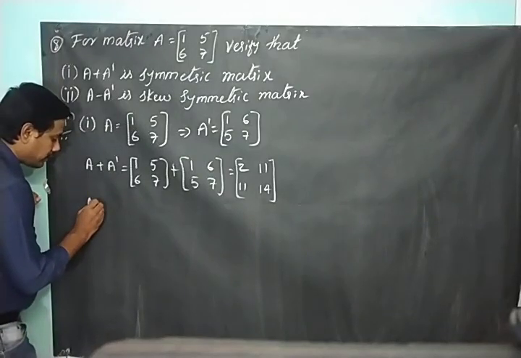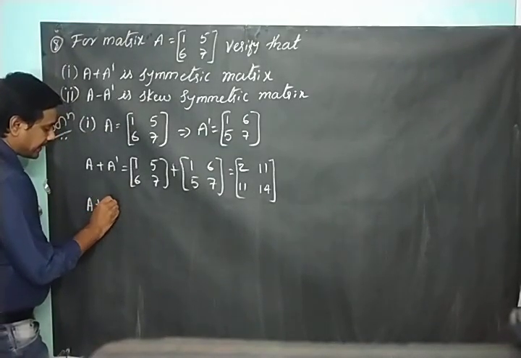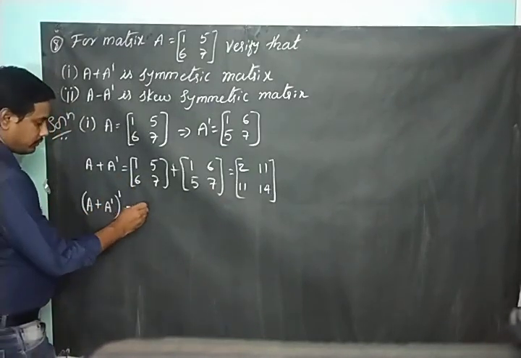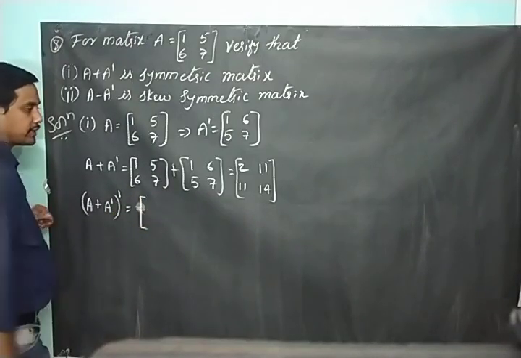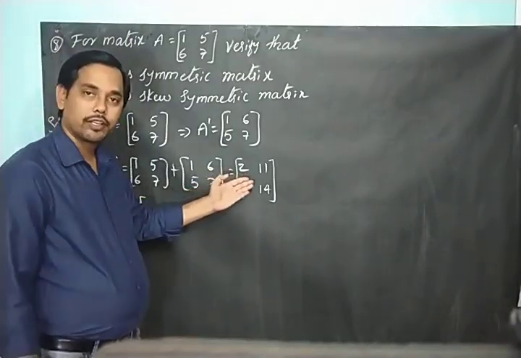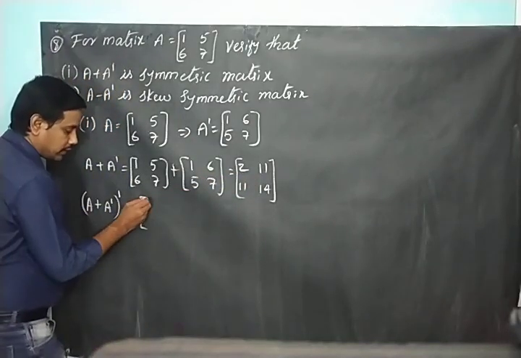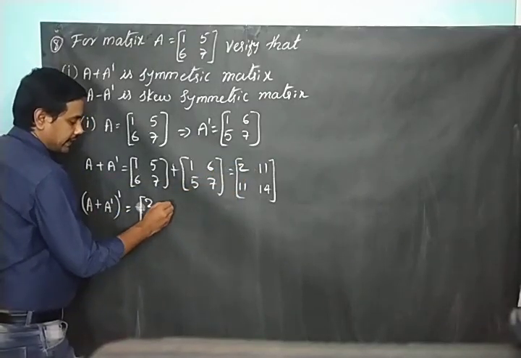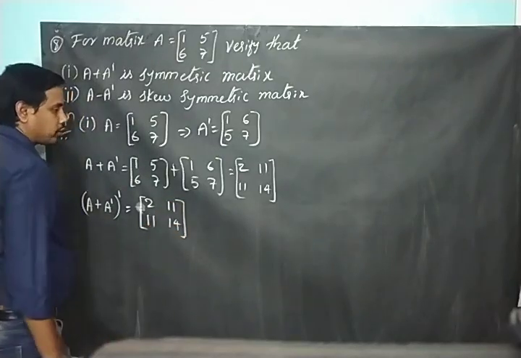So what will be A plus A transpose whole transpose? A plus A transpose we know. So what is the transpose of this one? First row as first column and second row as second column.